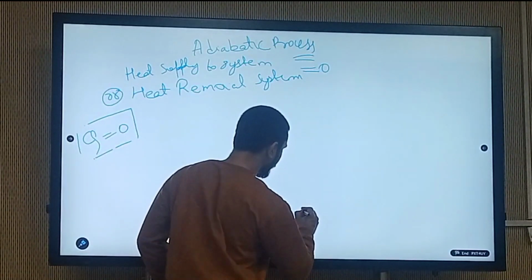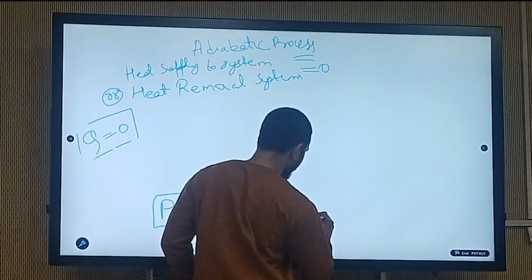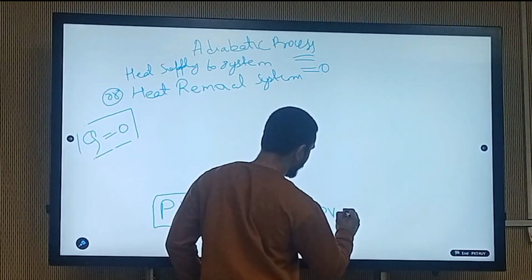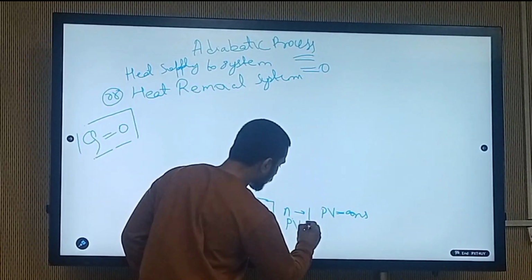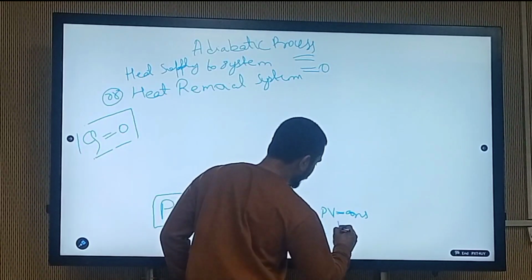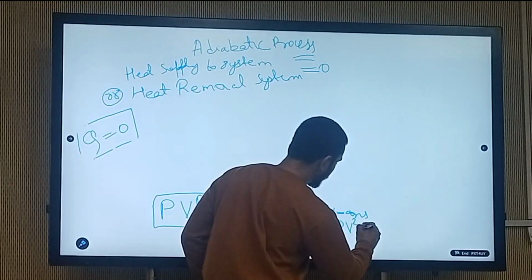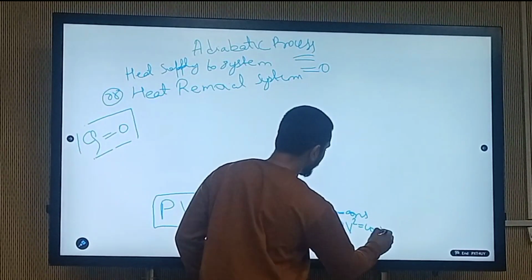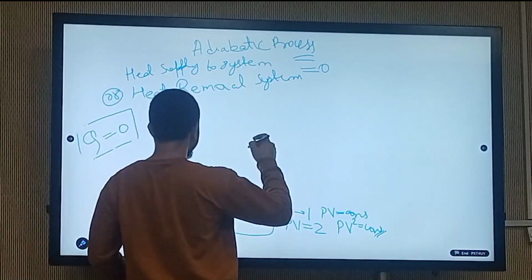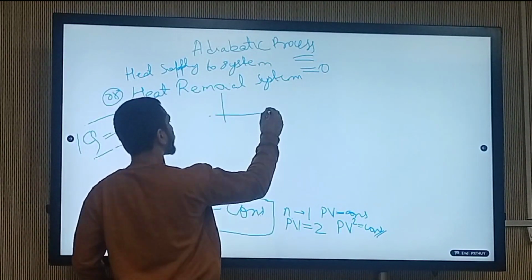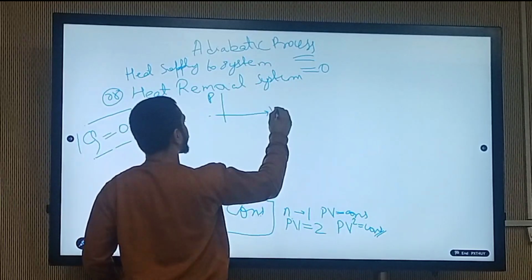N can be anything. If n is 1, the value will be PV is equal to constant, which will be an isothermal process. If n is 2, it will be PV to the power 2 is equal to constant. Okay, so like this the equations will be there. So the graph of P versus V will be P versus V graph.